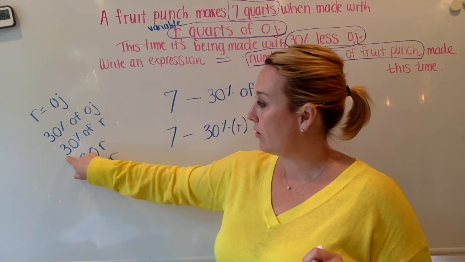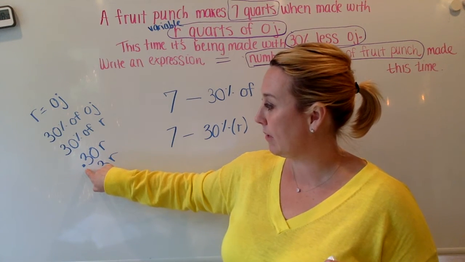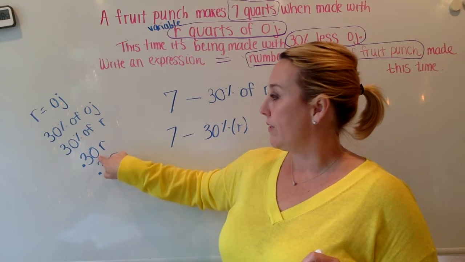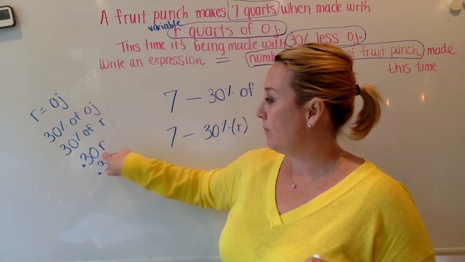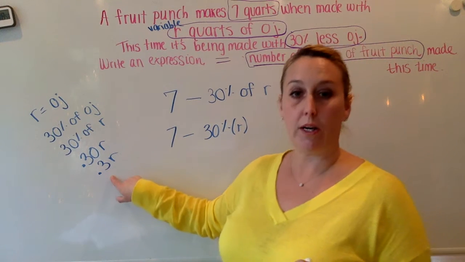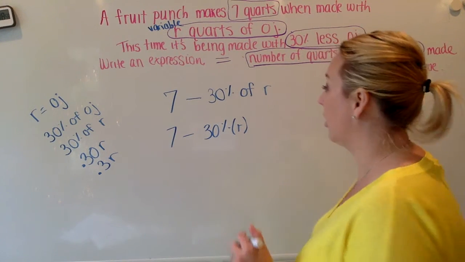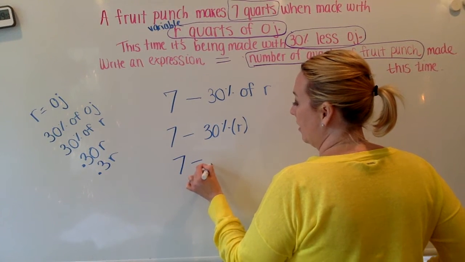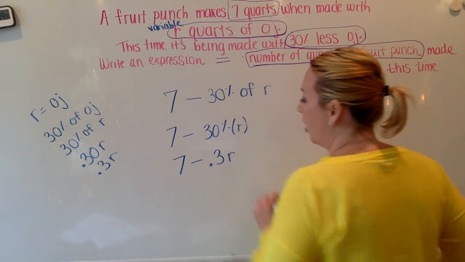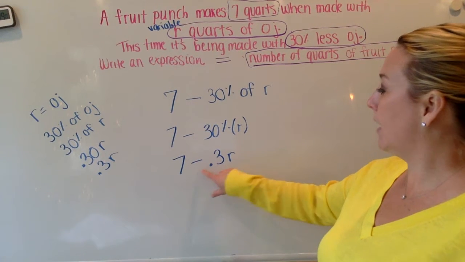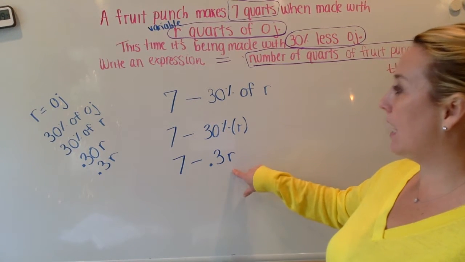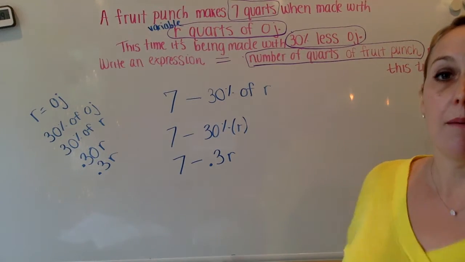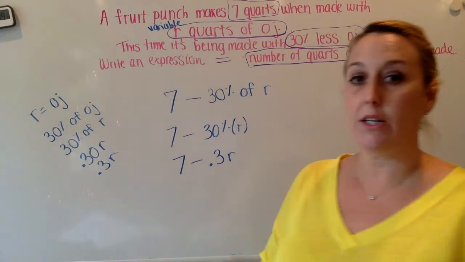We know we can write 30% the same as saying 0.30. We know of is multiplication, 0.30 R, and then we can whittle it down even more to 0.3 R. So 7 minus 0.3 R. 7 minus 3/10 times R will tell us the number of quarts of fruit punch being used.